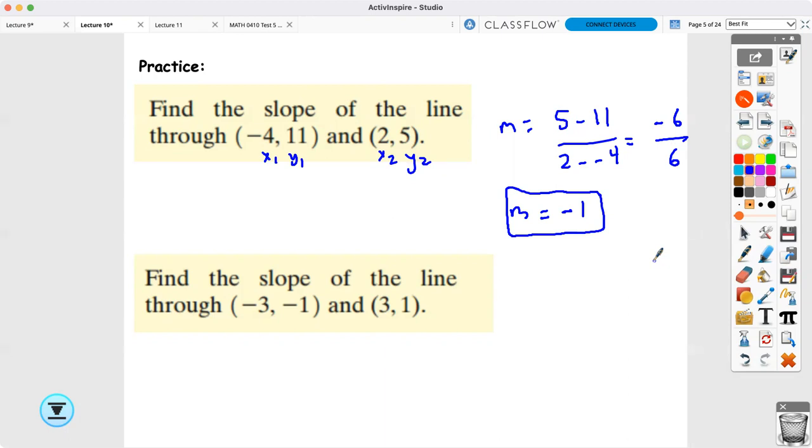All right, go ahead and type in your answer for the second slope. M equals what for the second one? And if it's a fraction, make sure you give me the simplified version, the most simplified fraction.